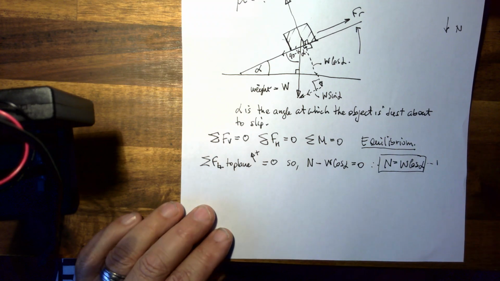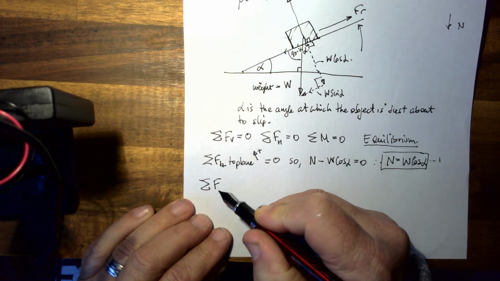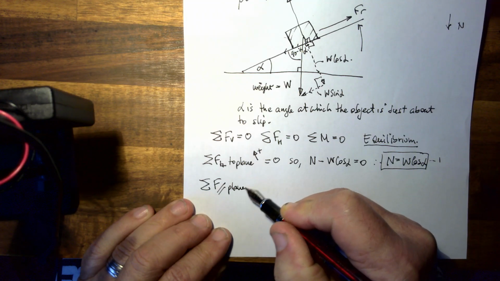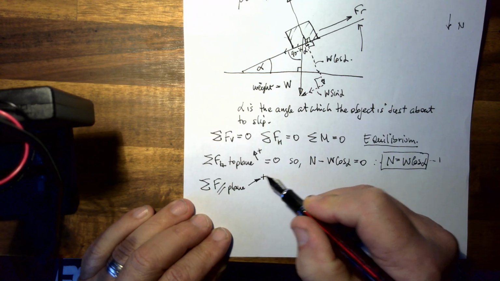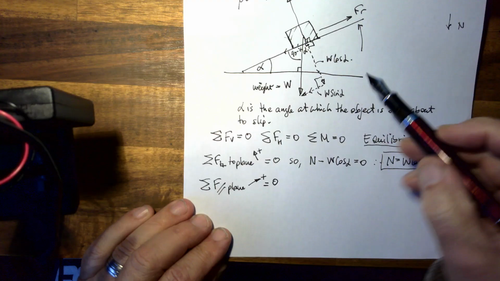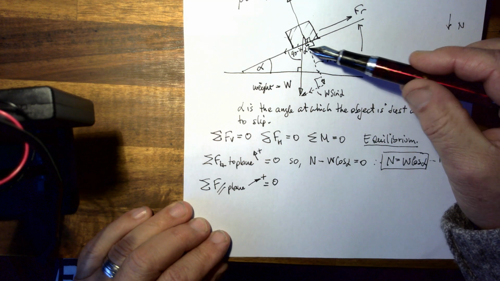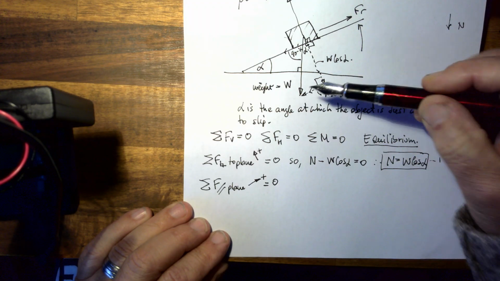Call it 1. Now let's sum all of the forces which are parallel to the plane. And I'm going to make uphill positive. They have to equal 0. So there are the forces parallel to the plane here. Now, there's only two of them: there's FR and there's the other force, W sine alpha, going down the plane.